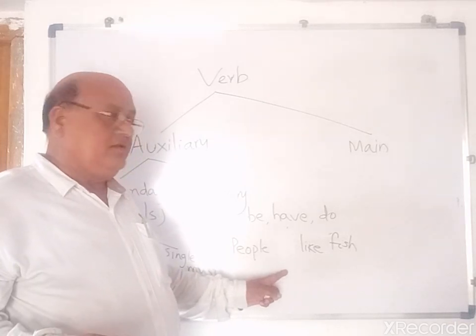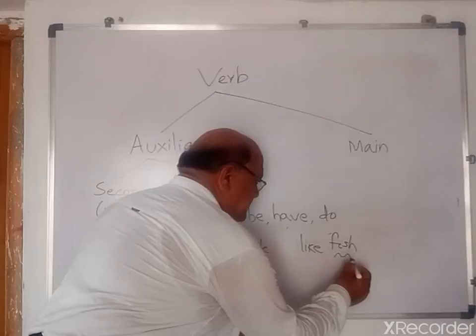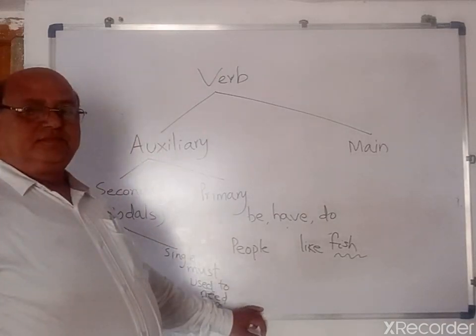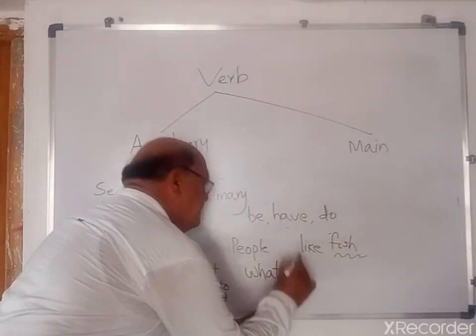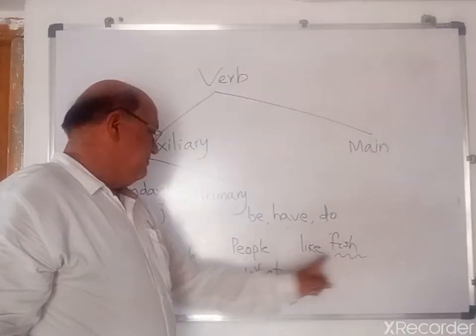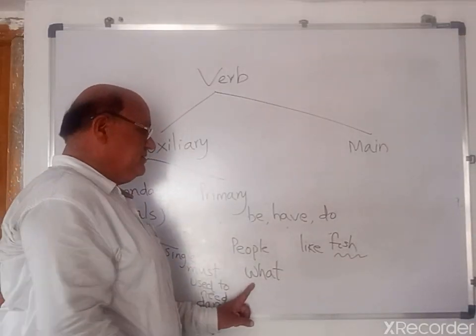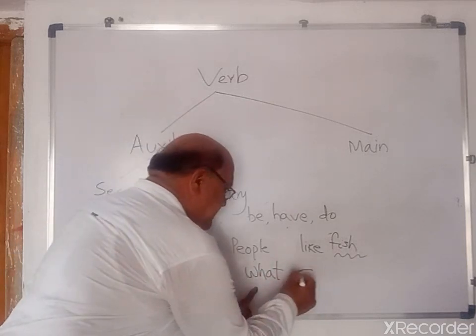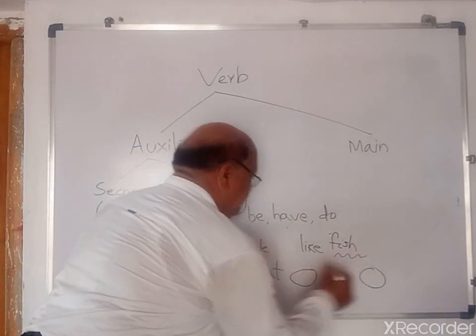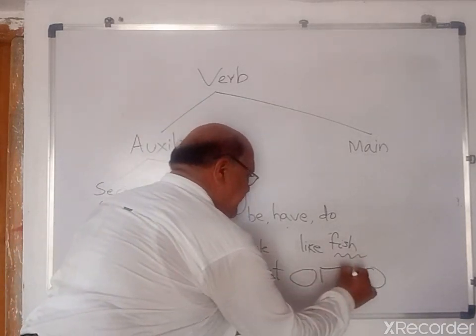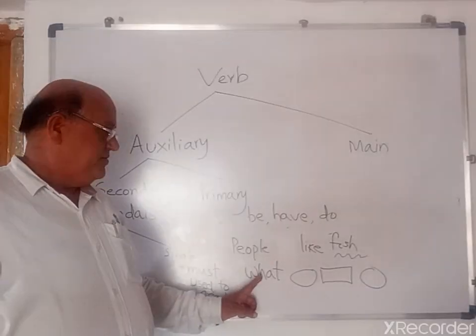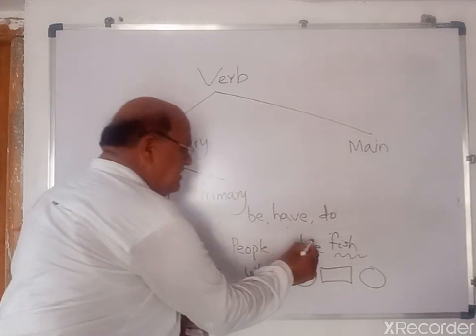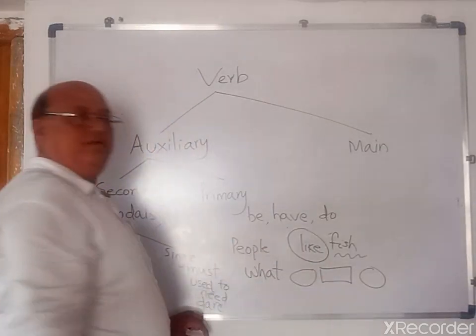How to make it a question? The answer is fish. Then what for fish? Remember, we have already discussed this thing. Fish, what? Then two circles. The subject will be in between. Remember that class. What? This is the verb.